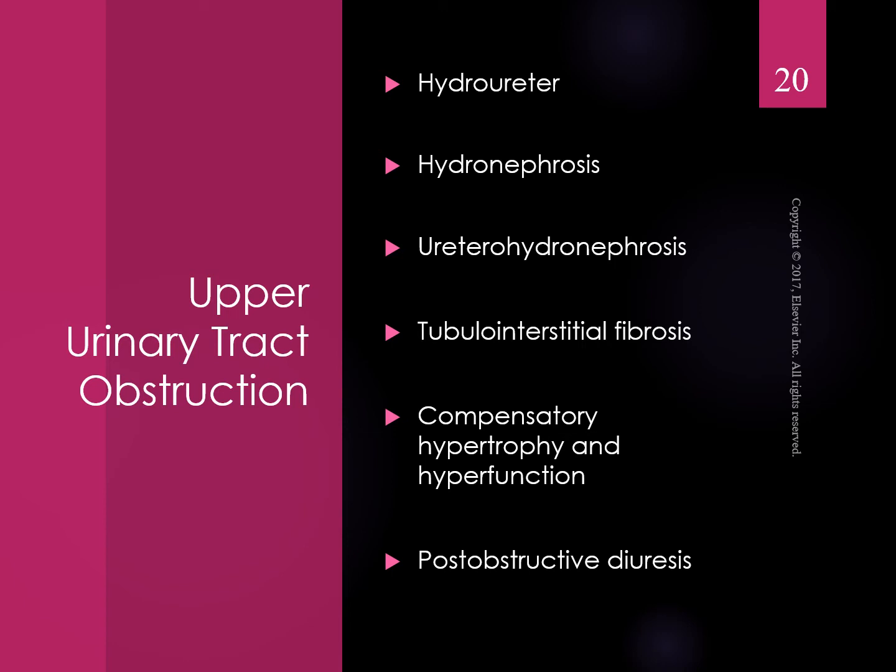The tubulointerstitial fibrosis happens if the obstruction is not relieved and the dilatation leads to an enlargement and the fibrosis with the deposition of excessive amounts of collagen and other proteins.